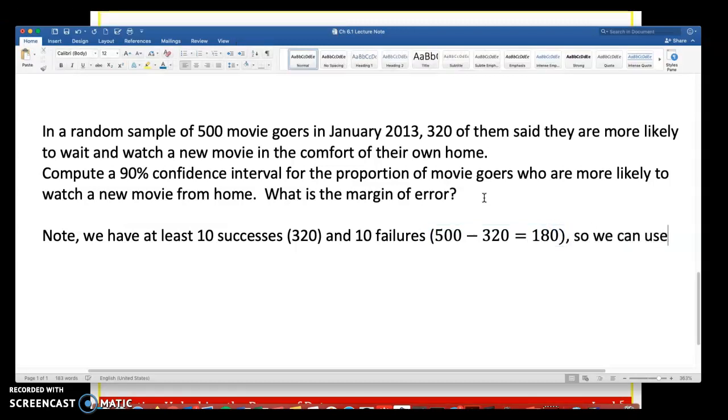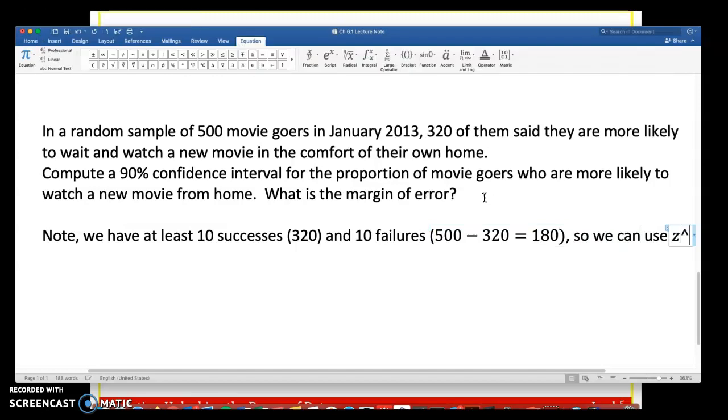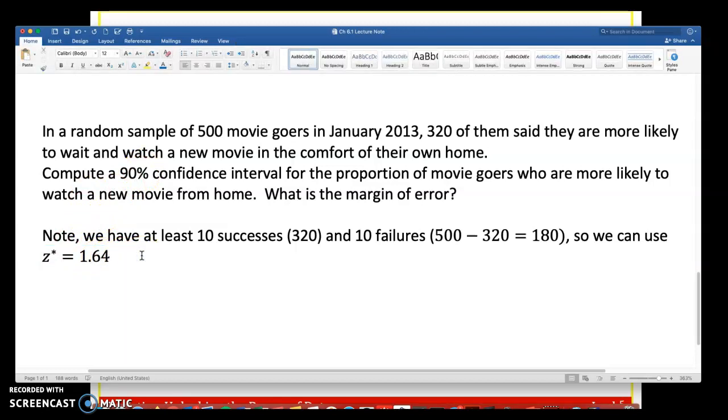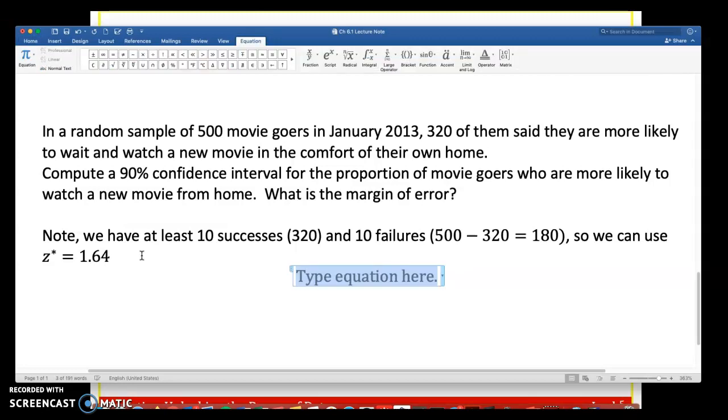So we can use Z. If we're looking at 90%, that's 1.64. You can always go to the stat key to get that value again. So we can use that Z star, 1.64. The confidence interval formula is P hat plus or minus Z star times the standard error.